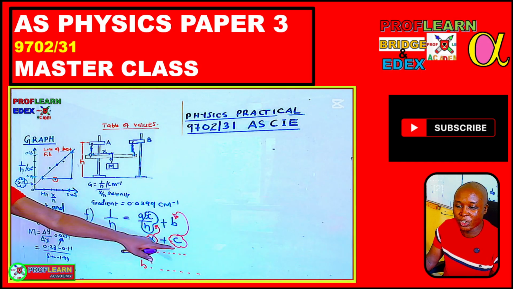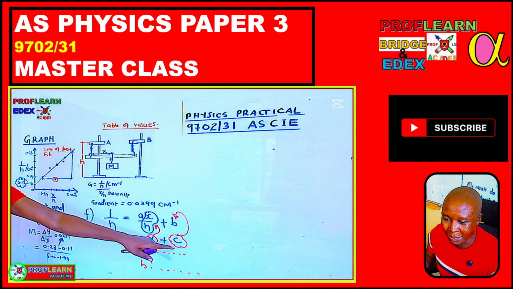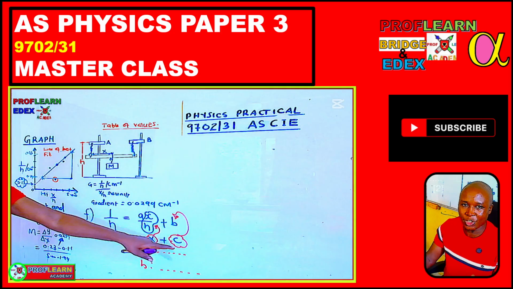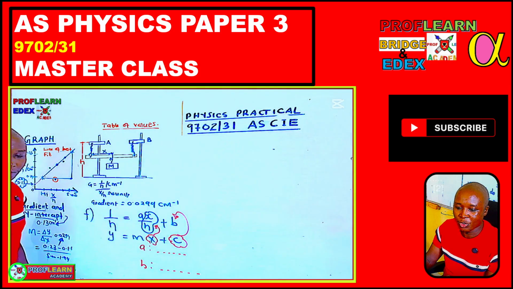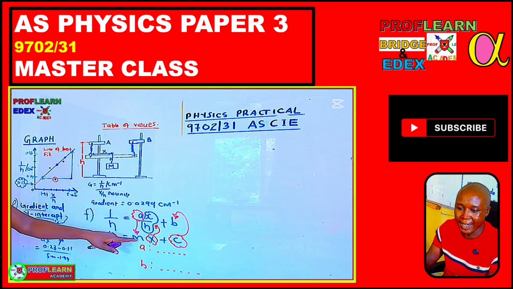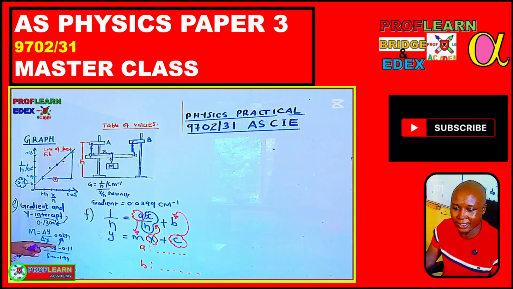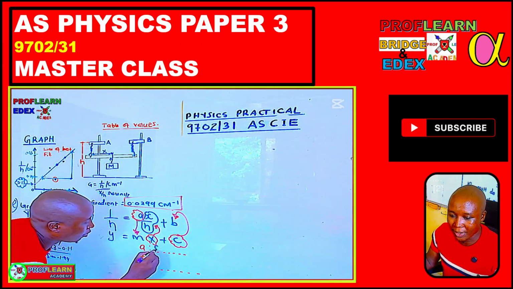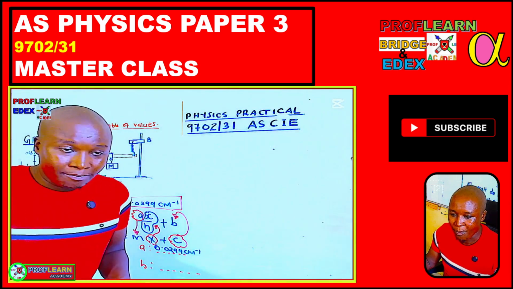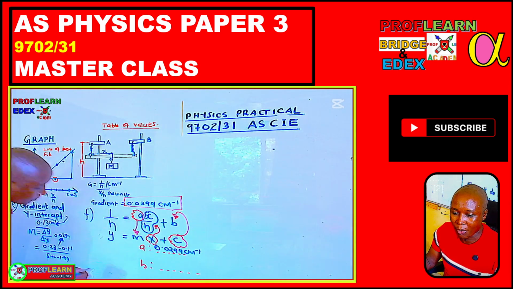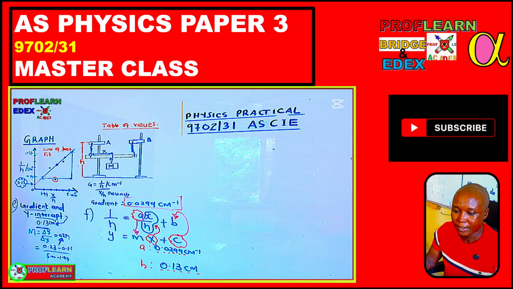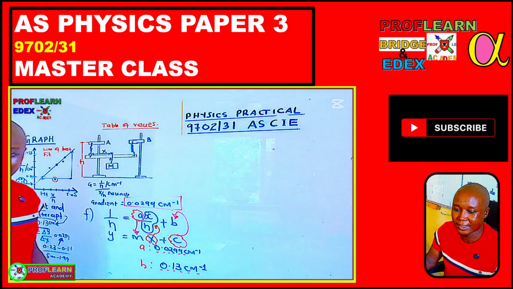So b is going to be the y-intercept, and remember from the previous section E, we have already talked about the y-intercept being 0.13. So our b is going to be 0.13, and our a is going to be the gradient which we had gotten, and our b is going to be the intercept, and that is per centimeter.